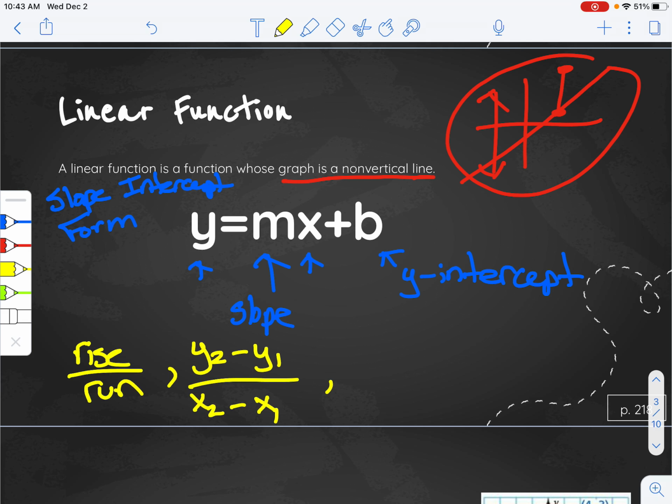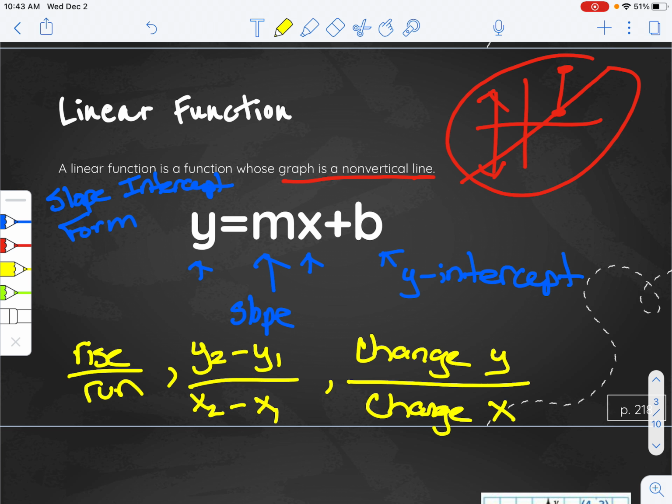The way your book talks about it on page 218 is the change in y over the change in x. So all three of these are ways that you'll see me, your book, or videos talk about slope. It's the rise of the line divided by the run of the line. This is more of the formula for the slope. Another way to think about it is the change in your y values divided by the change in our x values.